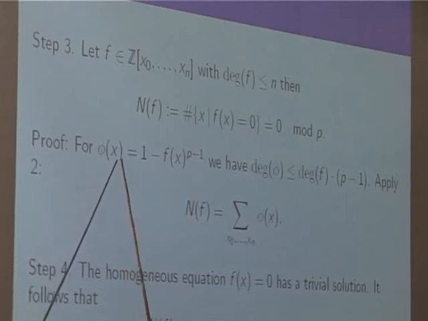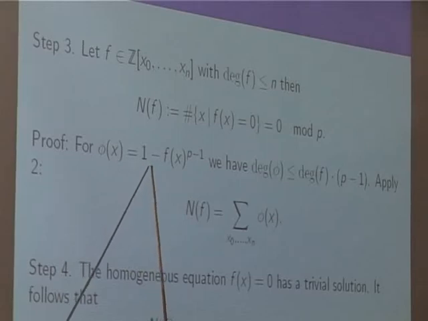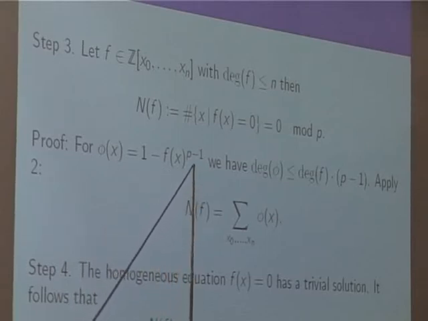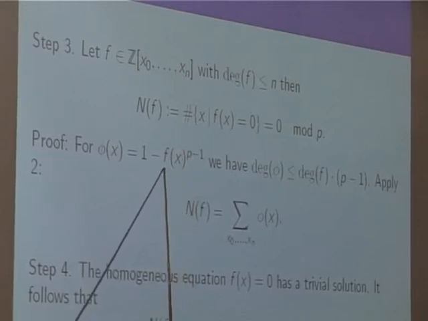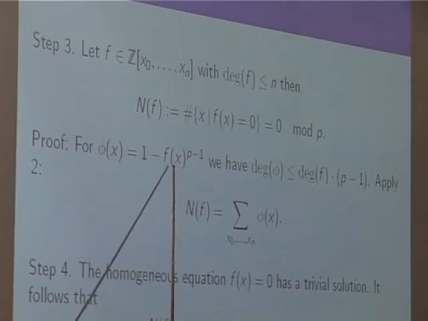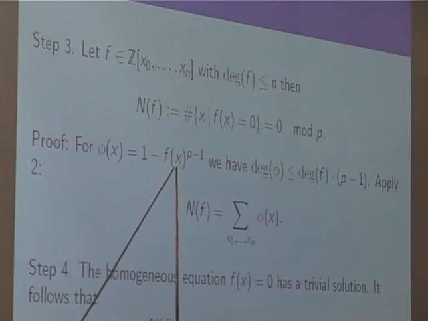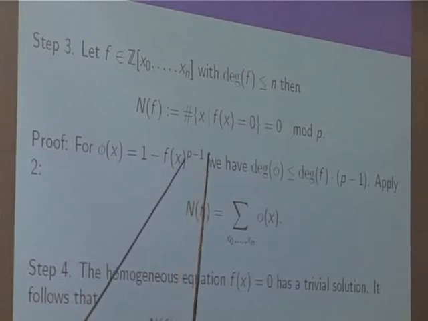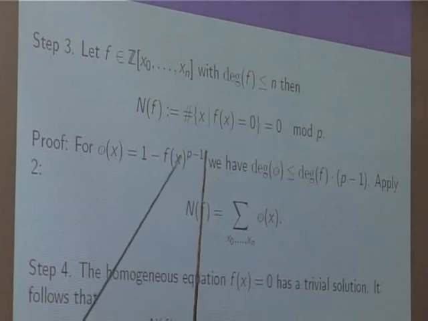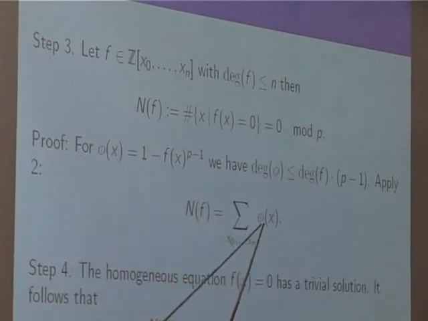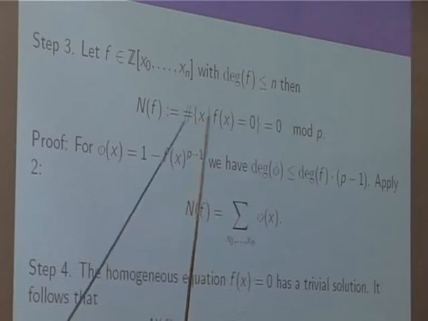So we look at this particular expression, 1 minus f of x to the p minus 1. And again, it's sort of a delta function. If f of x is 0, then 1 minus 0 gives you 1. And if f of x is non-zero mod p, then to the power p minus 1, it's 1, and 1 minus 1 is 0. So if you sum over all the x's possible of this, then you get exactly the number of solutions.